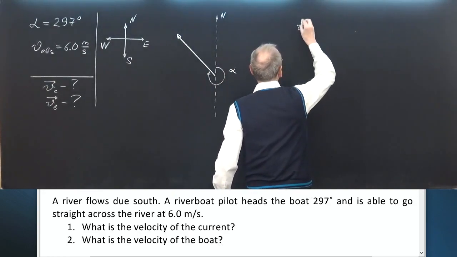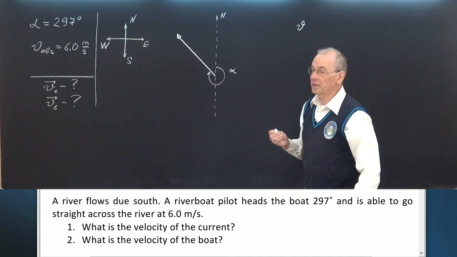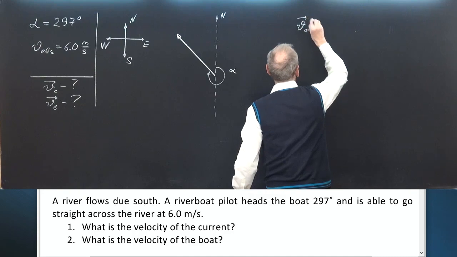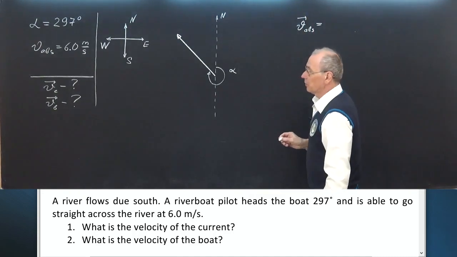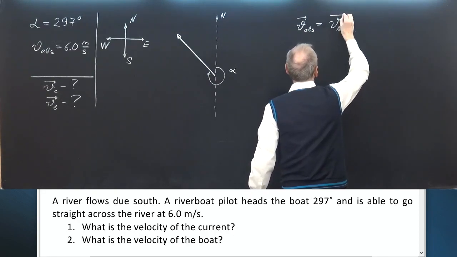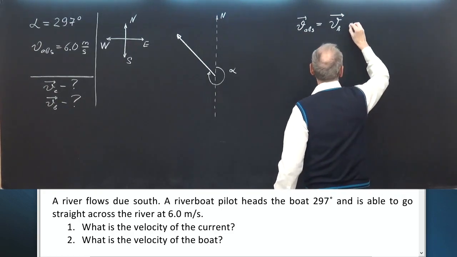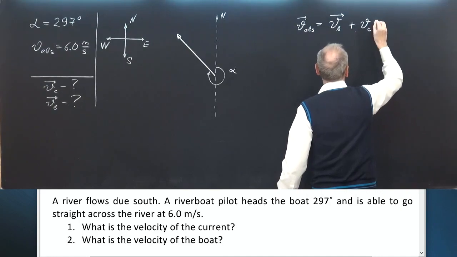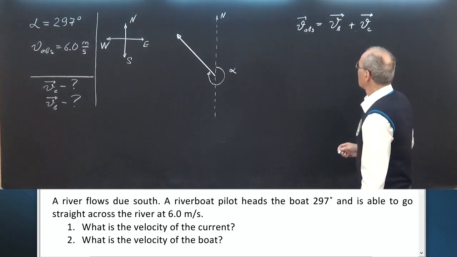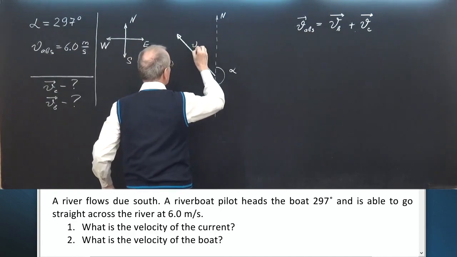Absolute velocity, in other words, the velocity with respect to ground, vector, is the sum of two velocities: velocity of the boat with respect to water plus the velocity of the current with respect to ground. This is the velocity of the boat, V boat.